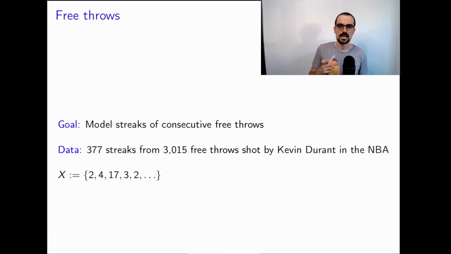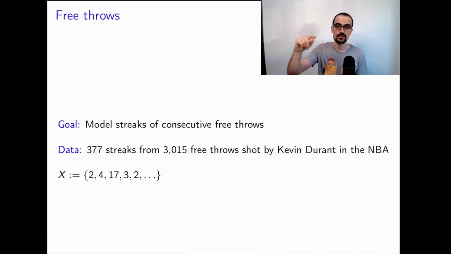Okay, so now I'm going to motivate another famous discrete distribution with an example that has some real data that we're going to be playing around with. Well, actually, that we already played around with in the previous video, which is this data about the streaks of free throws made by Kevin Durant. So let me remind you, we're interested in modeling the probability that Kevin Durant makes, let's say, 10 free throws in a row without missing, or 5 or 6 or 7.